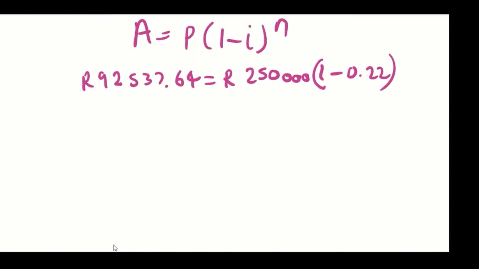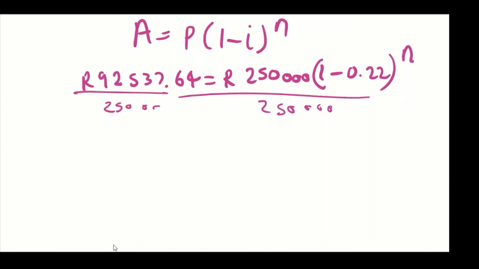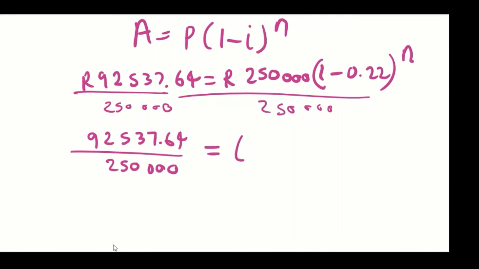And then we don't know n, that is what we are looking for. So I'm just going to divide both sides by 250,000, and you'll have 92537.64 over 250,000 is equal to 1 minus 0.22 to the power of n.